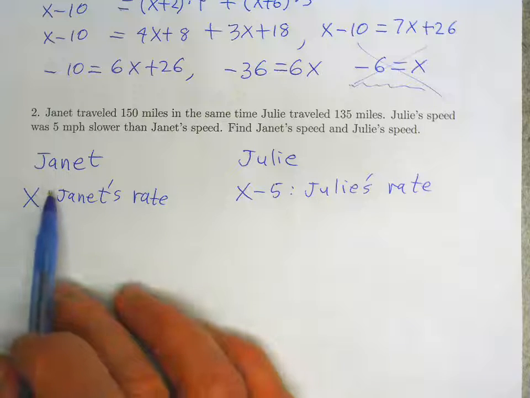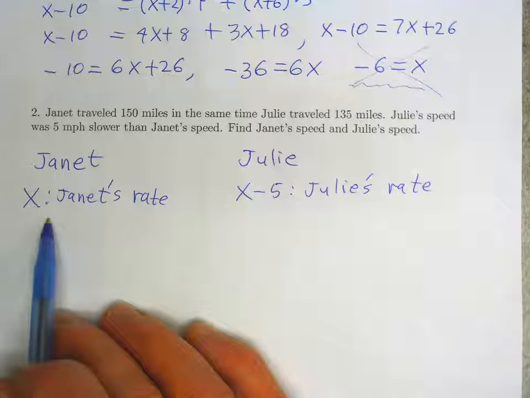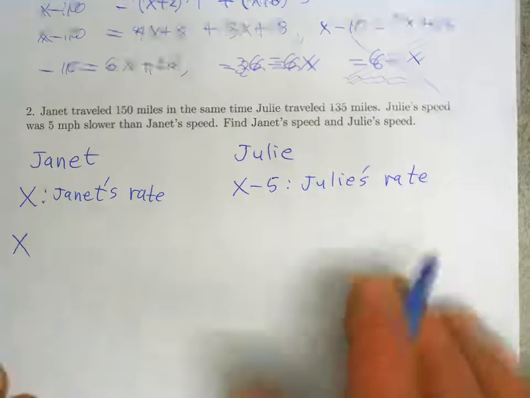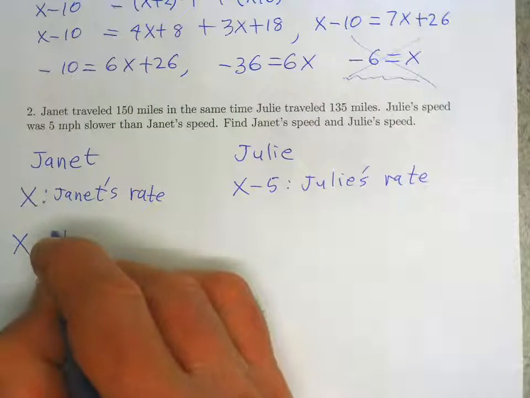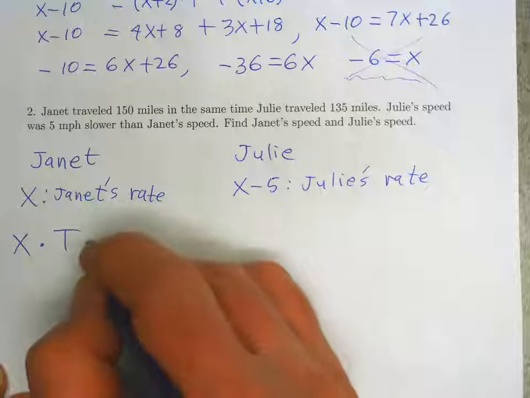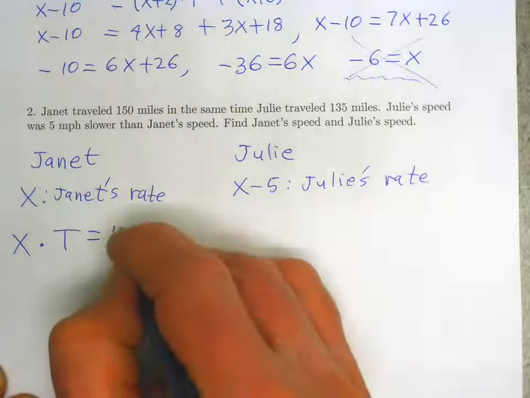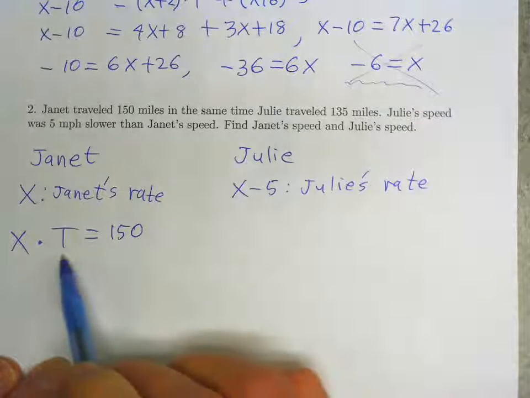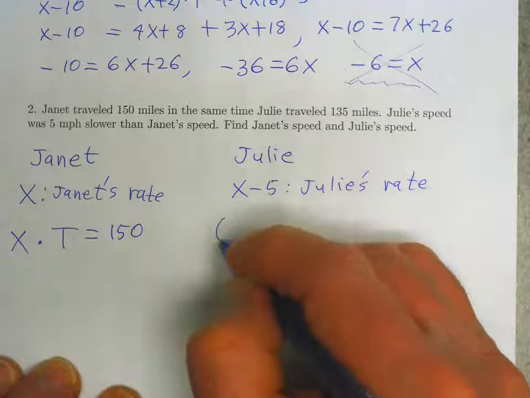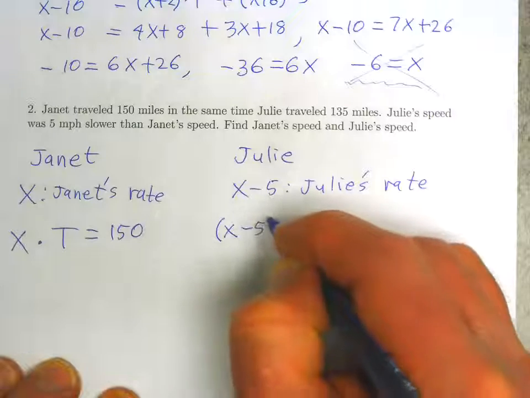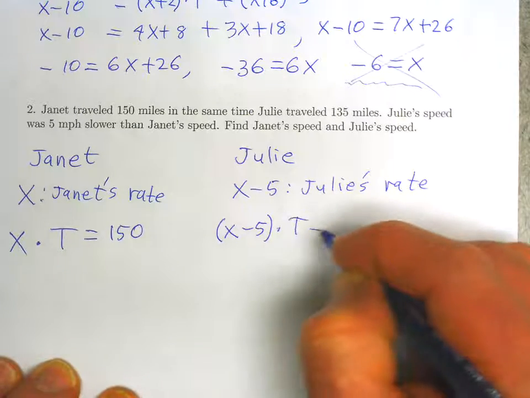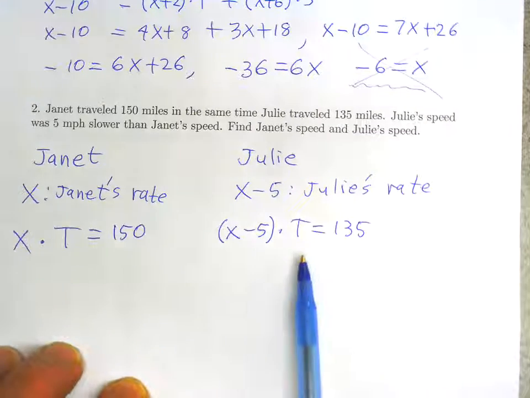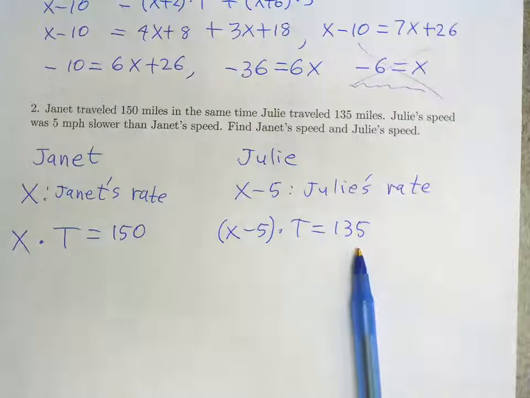So we can write down the rate times time equals distance equation for Janet. Her rate is x miles per hour. And we'll just say capital T represents the amount of time that it took her to travel 150 miles. And in the same amount of time, T, Julie traveled 135 miles. So I have rate times time equals distance for Julie.